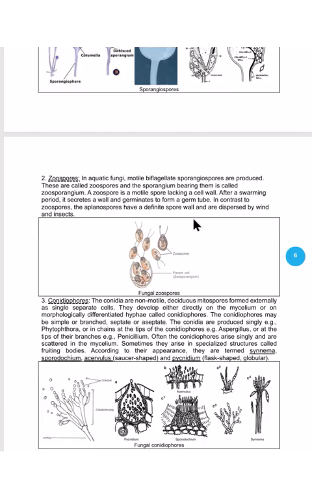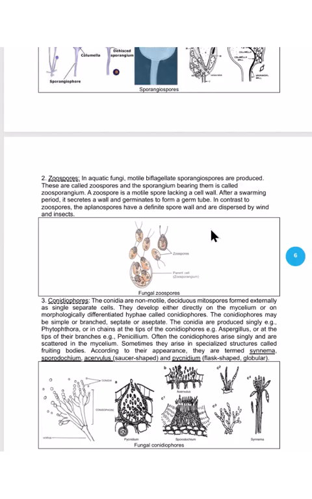These spores lack a cell wall, but after they move together, they secrete the wall and germinate, forming what we call a germ tube. It's a type of germination that helps them to be very close together.